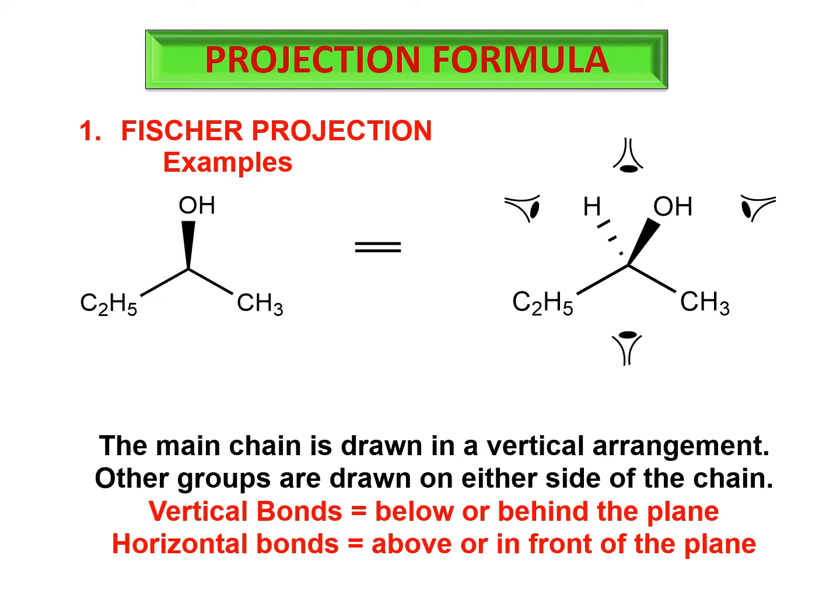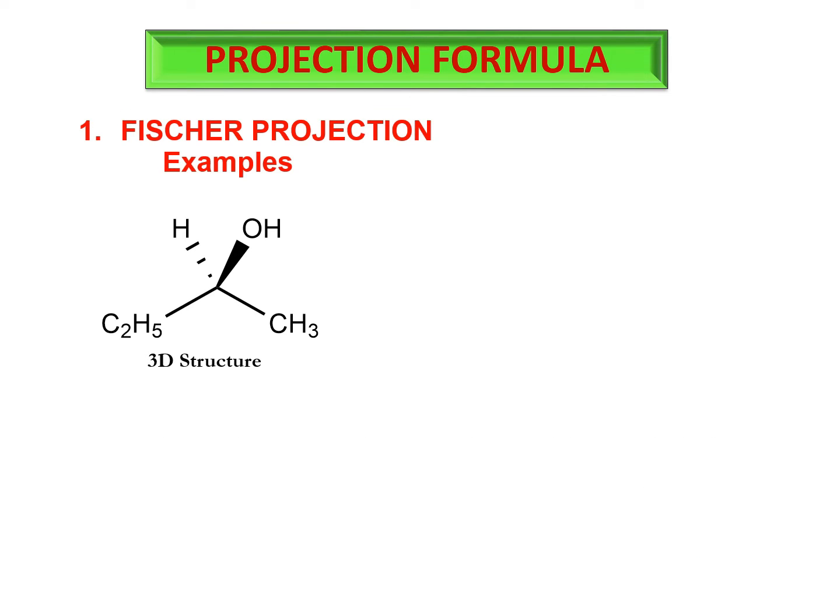So let's see, we have this three-dimensional structure for 2-butanol and we are standing right here to the left of this molecule and looking at it from this angle. I have drawn this line just to show that this is a plane, and you see that your eye is above this line, right?